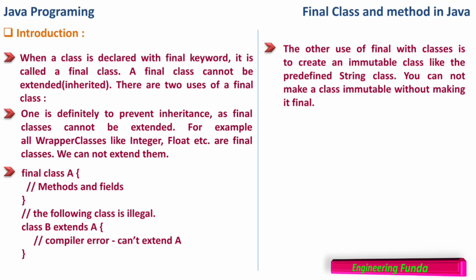You cannot make a class immutable without making it final. We have seen what mutable and immutable classes are in one of the previous videos. You can explore the playlist. So if we want our class to be immutable, where one cannot make changes in the member variables once they are assigned, then we can do that by using a final keyword.